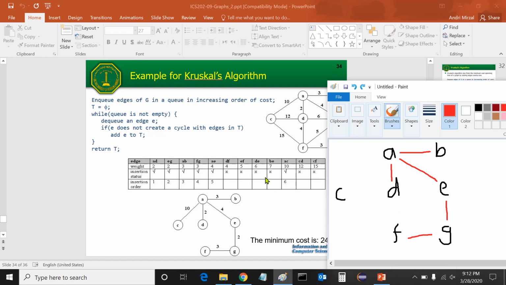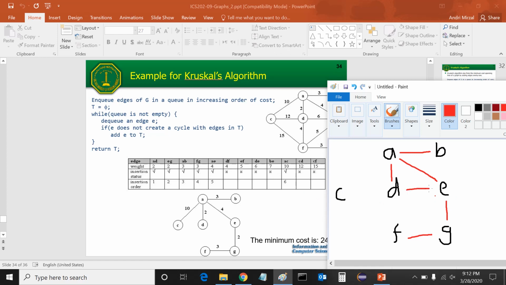Okay, then after that we have the next edge, E to F. Similarly, if we draw E to F, then we will have a cycle, so we cannot draw this edge. Okay, then the next one after that will be DE here.